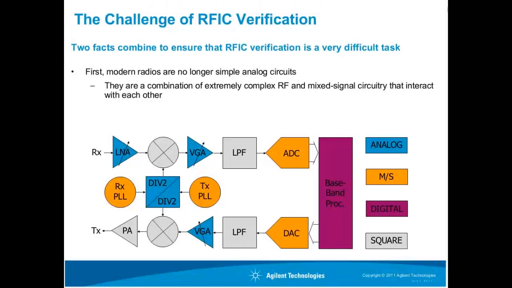In fact, what you're going to find in a modern CMOS or bi-CMOS radio is that there's a huge mix of analog, RF, and digital and mixed signal circuitry. These circuits are complex, but they also interact heavily with each other. And this makes verification of the designs quite challenging.